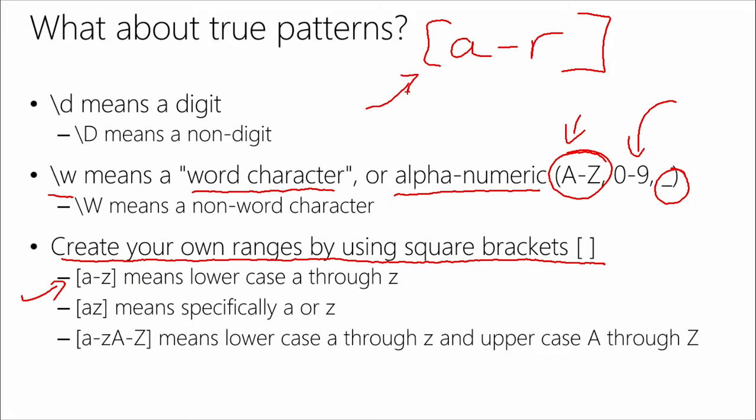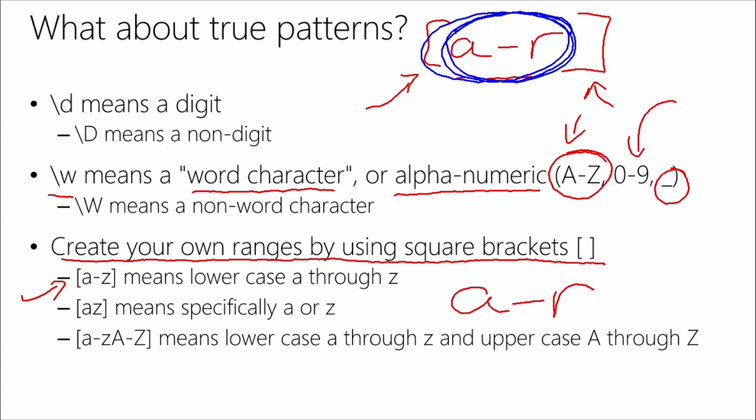As long as we accept that the bracket is a special character, if I said we need letters A to R, that would probably be how I'd write it. So when we see this up here, it makes sense: it's got to be somewhere between A and R. That's fantastic. Where things can get a little bit confusing is what happens if I just did this?